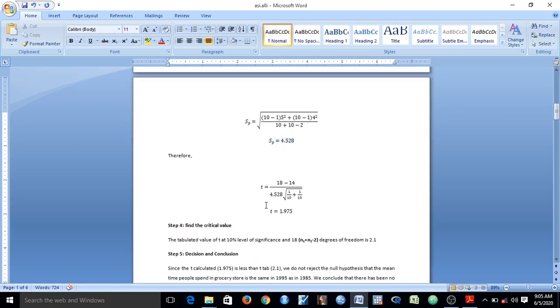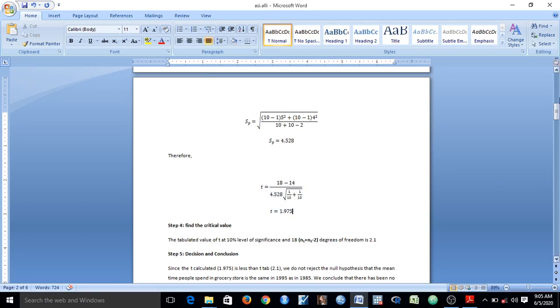And then all over the pooled standard deviation, 4.528, multiplied by the square root of the sum of the reciprocals of the number of observations. So if we do this, we get t equals 1.975.